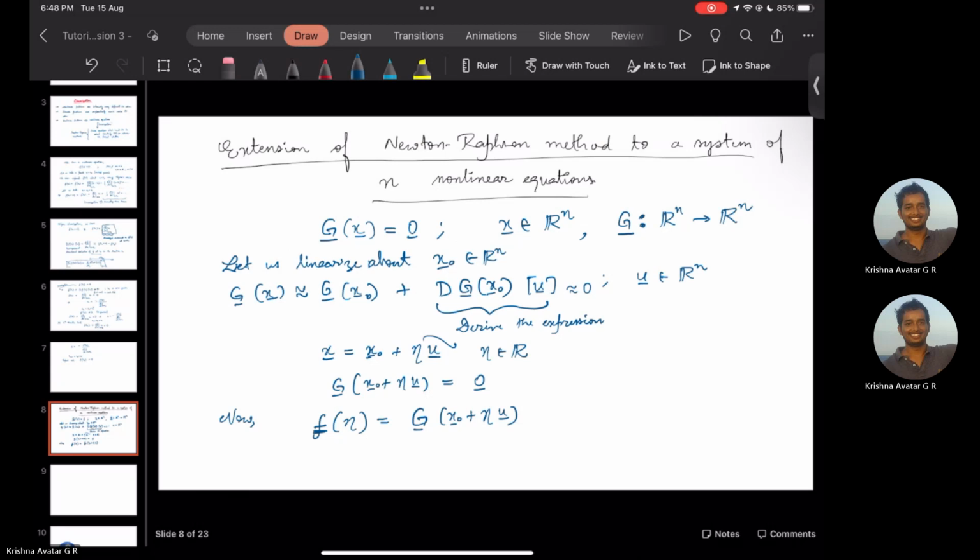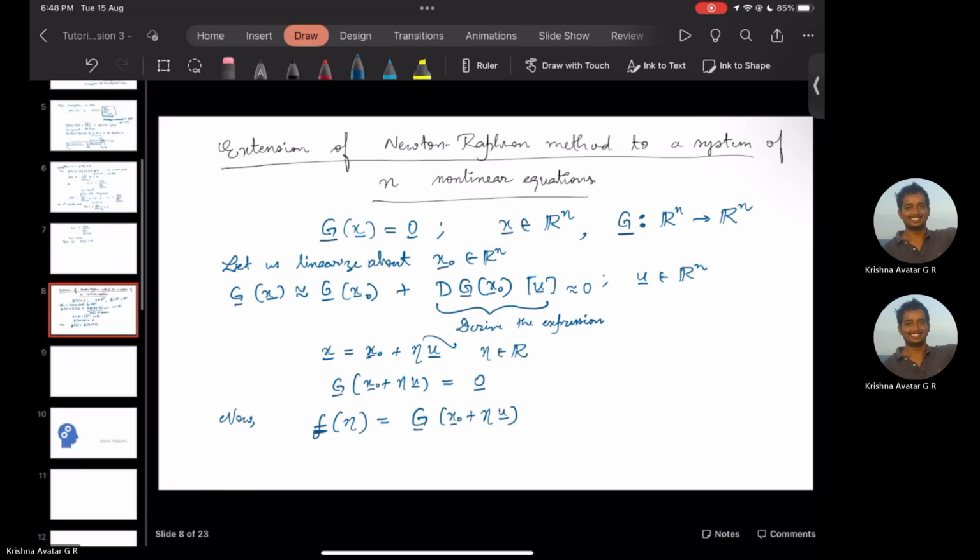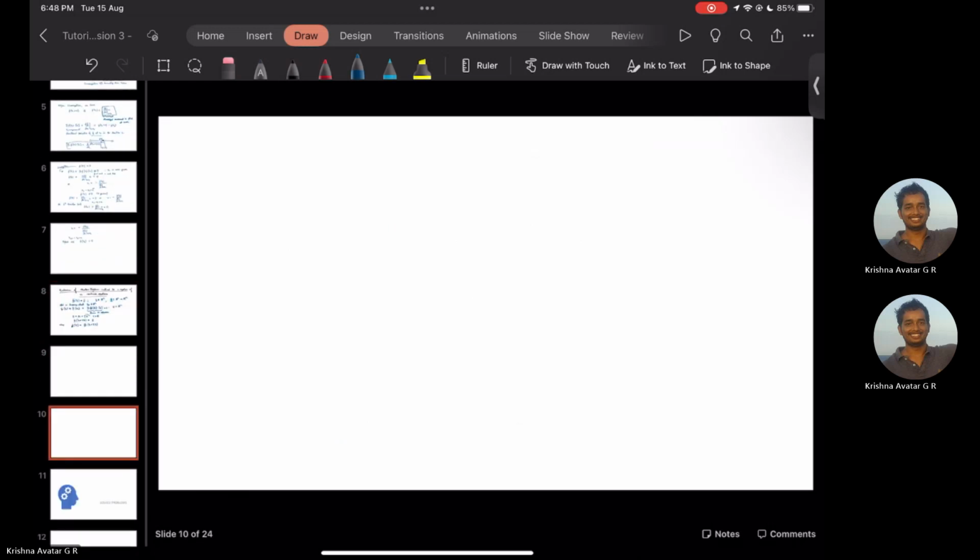So the goal here is, we need this definition in order to obtain our directional derivative.